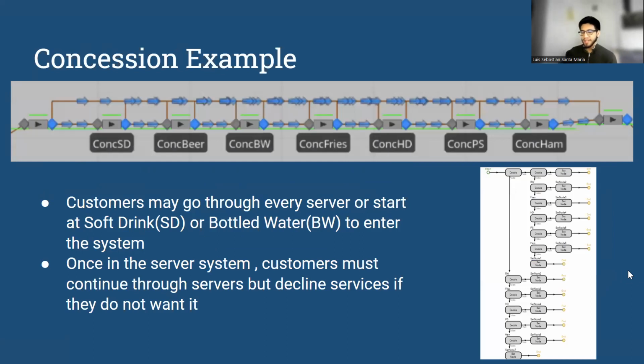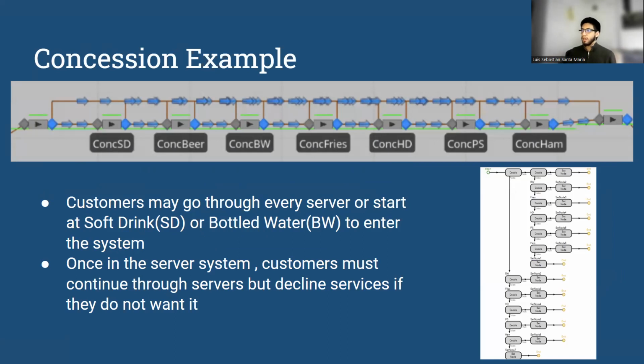So to start with an example to explain how we did our model logic, we will start with the concessions. In the concessions, we divided each type of item they could buy into a server of its own, because each item they buy will take a different amount of time to prepare and to sell.